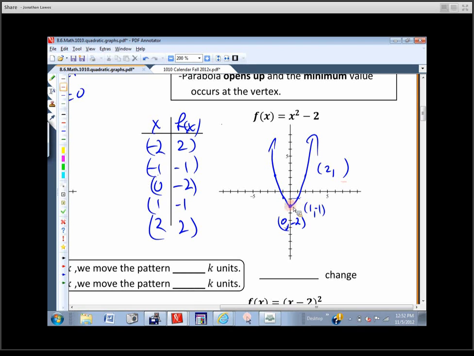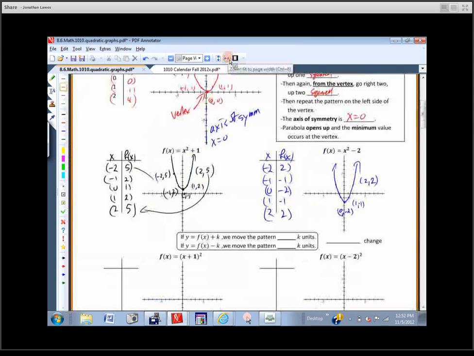And if I go up 4 from here, remember, over 2, up 2 squared, so we're going to go up 4. So if I go up 4 from negative 2, where does that put me? Puts me at 2. Can you see why these points are on the graph? Are there any questions? That's easy? Okay.